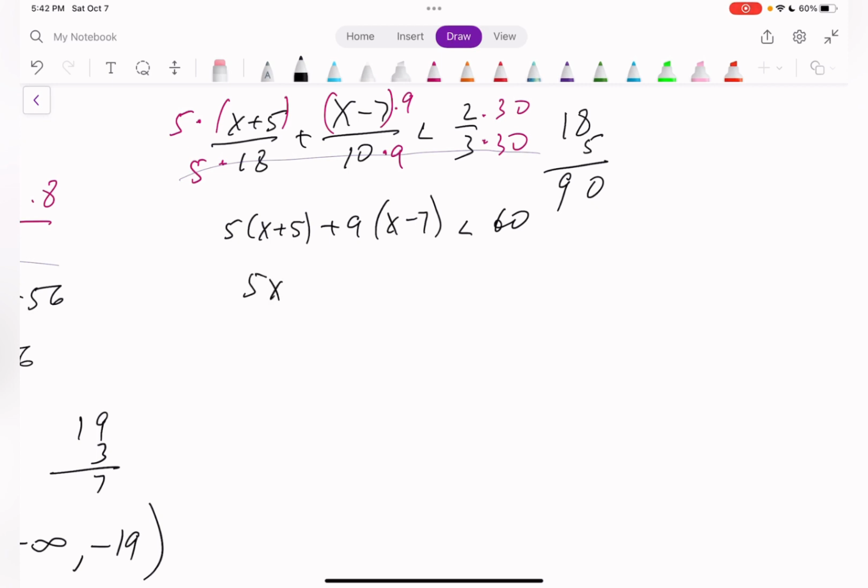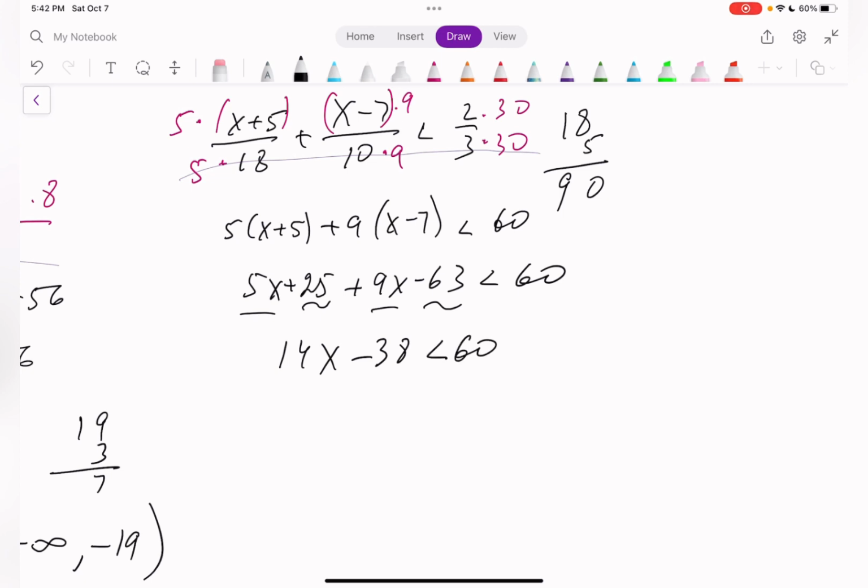Okay, 5x plus 25 plus 9x minus 63 less than 60. 5x and 9x is 14x. And 25 minus 63 is negative 38. Less than 60. So 14x is less than, moving this here, 60 plus 38. 14x less than 98.